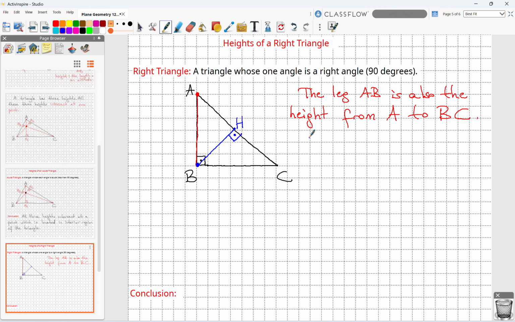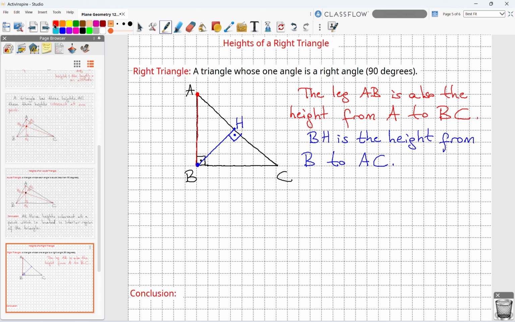BH is the height from the vertex B to the opposite side, actually to the line containing the opposite side, the hypotenuse AC.